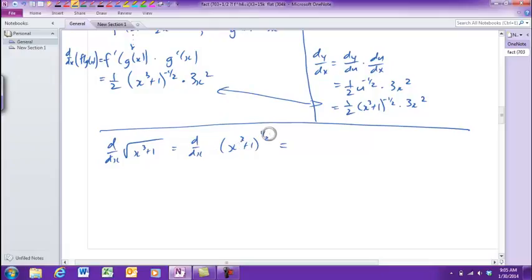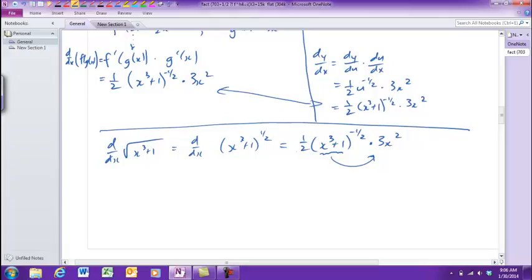I first take the derivative of the outer function. Outside the parentheses, I've got that exponent of 1/2. So I take that derivative, the 1/2 comes down, the new exponent is negative 1/2, and I leave the inside the exact same, and then I chain rule, and I take the derivative of that x cubed plus 1, and that gives me my 3x squared. And that's it.